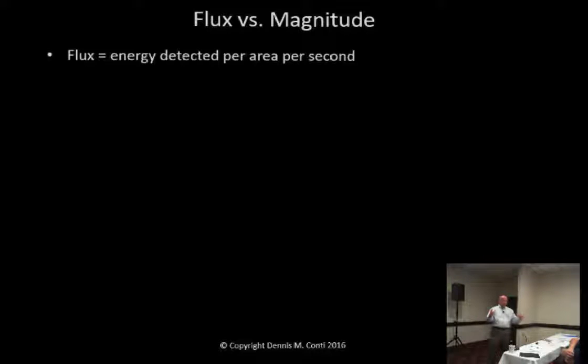So if I'm collecting photons, it's not only how many photons, but how many per second, and how many per area I'm collecting. So it's sort of volume based, of what I'm collecting. So flux is a measure of photons being collected.